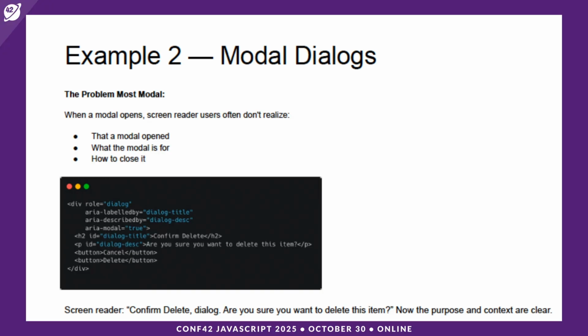And with the title, the screen reader user can get a preview or a short idea of what this modal is about. That will be, okay, confirm delete. So when it announces it as confirm delete modal, the screen reader user knows and is prepared that this is for me to delete something. And then it gives more context in the description of the dialogue: are you sure you want to delete this item?